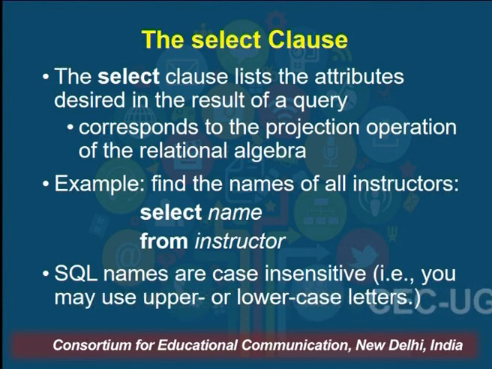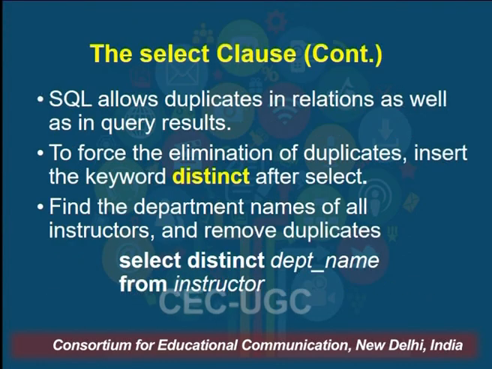So, basically we are trying to select the name field from that instructor relation, and please be careful that SQL names are case insensitive, that is, you can use either uppercase or lowercase letters. So, when we say select name from instructor, that means from relation R the whole name field will be displayed onto the screen.